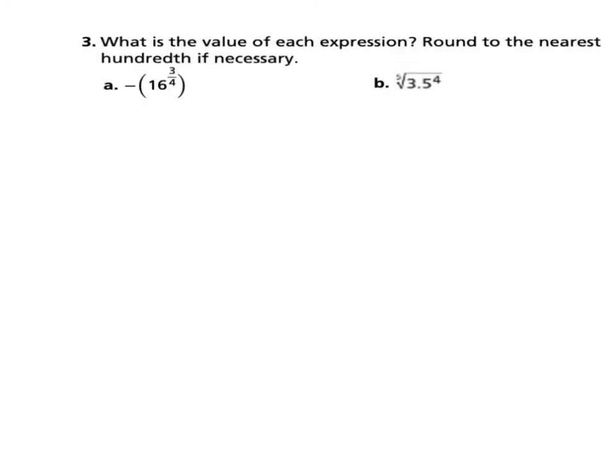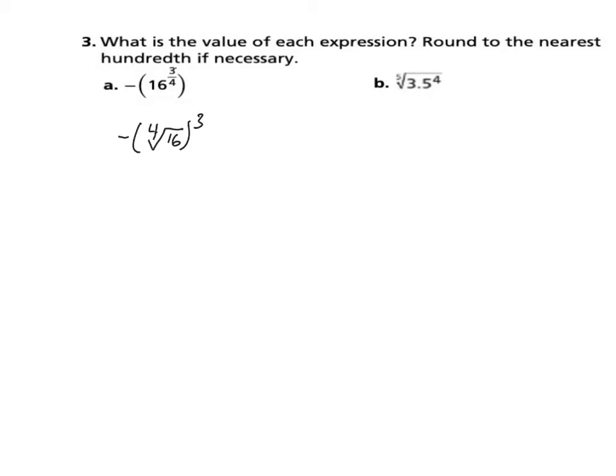For these problems right here, to evaluate them you're just going to want to rewrite them and then put them in your calculator, and then you'll get the solution. So this one, we're going to rewrite as negative, and then we're taking the fourth root of 16 and then cubed.